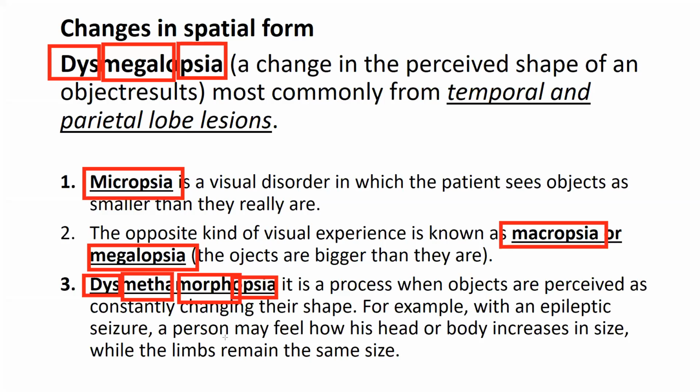Or in some epileptic cases, again, and in intoxication, a person can sit in front of you and experience that his body is growing, a part of the body, his head, for example, and he can become so scared that he grasps his head and tries to hold it, because he thinks it is so big that it will fall down right now and instantly, and it will break his neck because it is too heavy. So that's dysmetamorphopsia.